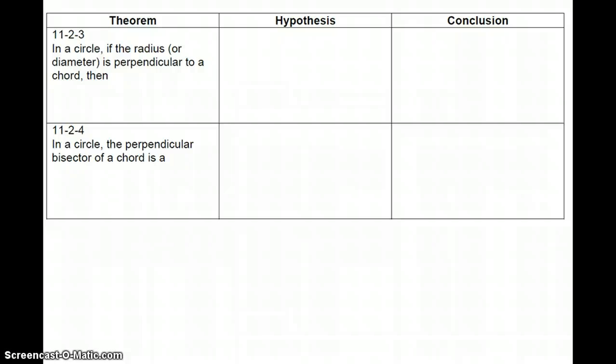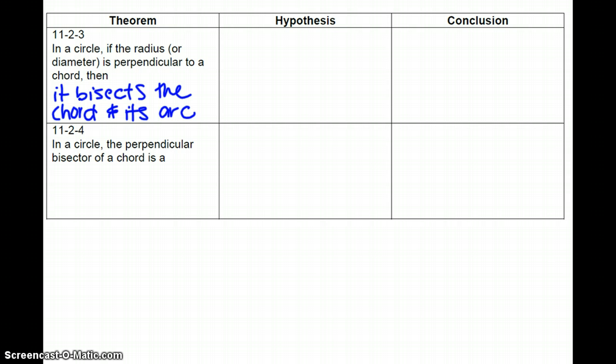11-2-3 states that in a circle, if the radius or diameter is perpendicular to a chord, then it must bisect the chord and the arc as well. For example, if I have some circle and it says if the radius for a chord, I'm going to go with radius, is perpendicular, so here's my radius, we'll call it CD.